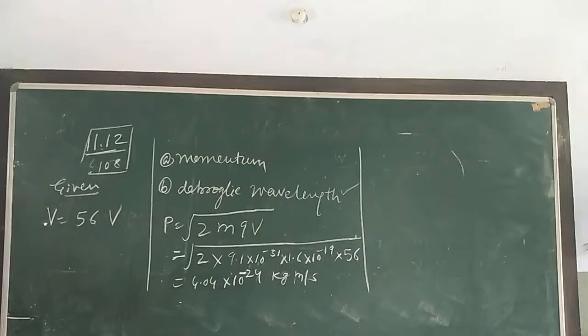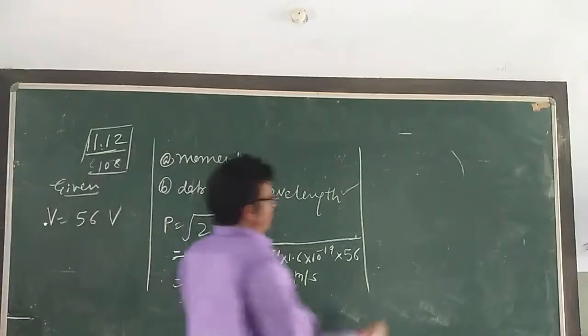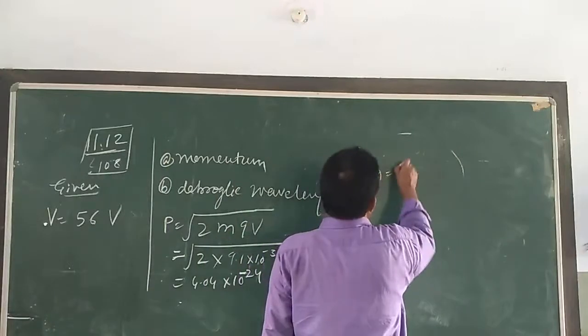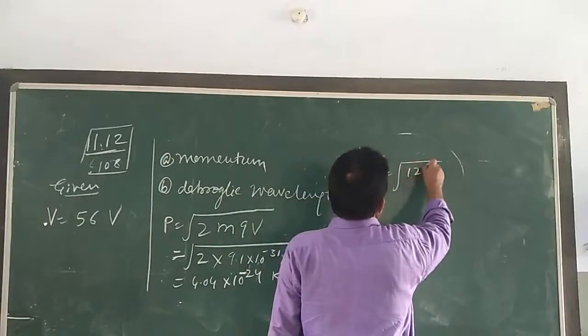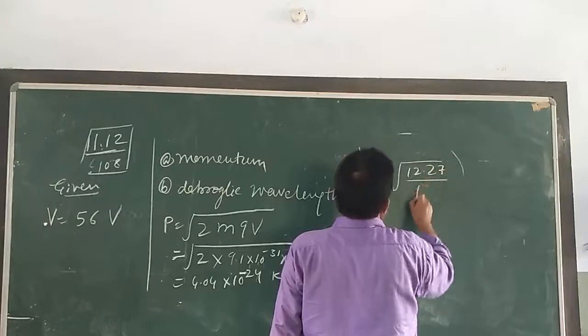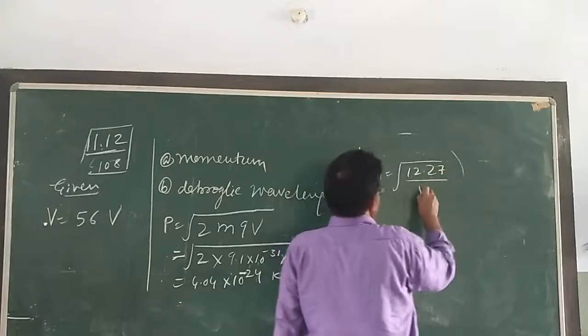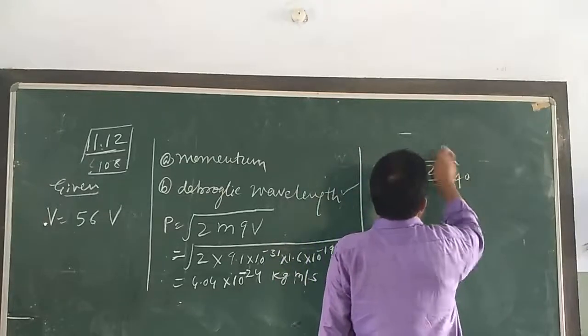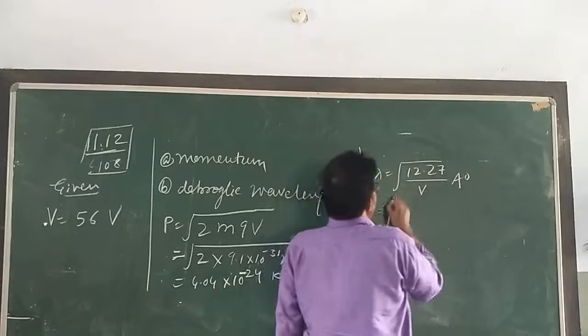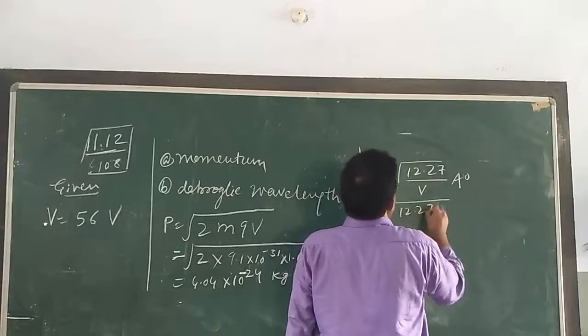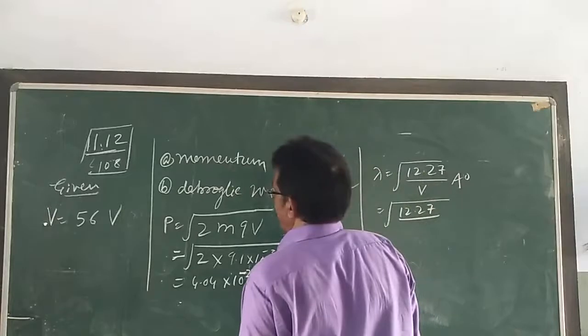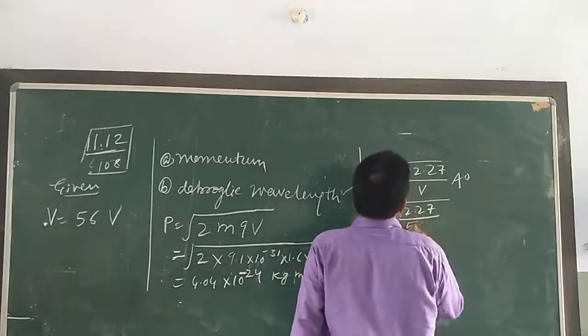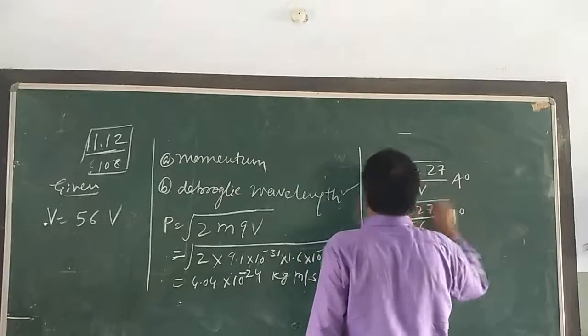Okay. Now, second one is, what is the de Broglie wavelength? We know the formula for de Broglie wavelength for an electron: lambda is equal to 12.27 divided by under root of V angstrom. That formula we have derived. So here 12.27 divided by under root of 56. Then solve it.